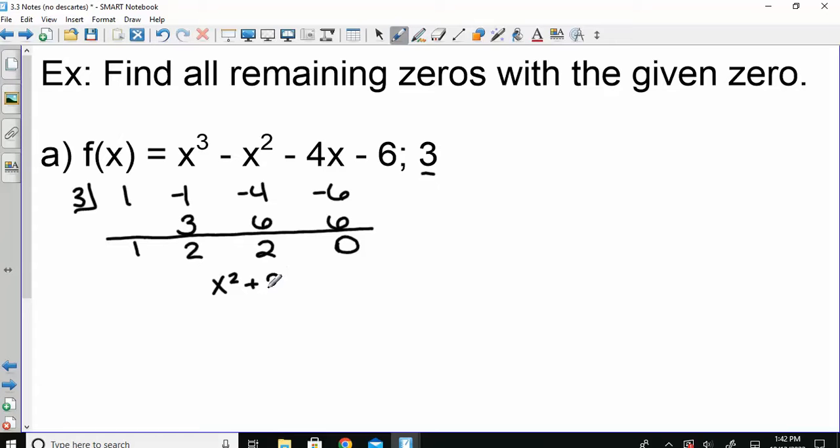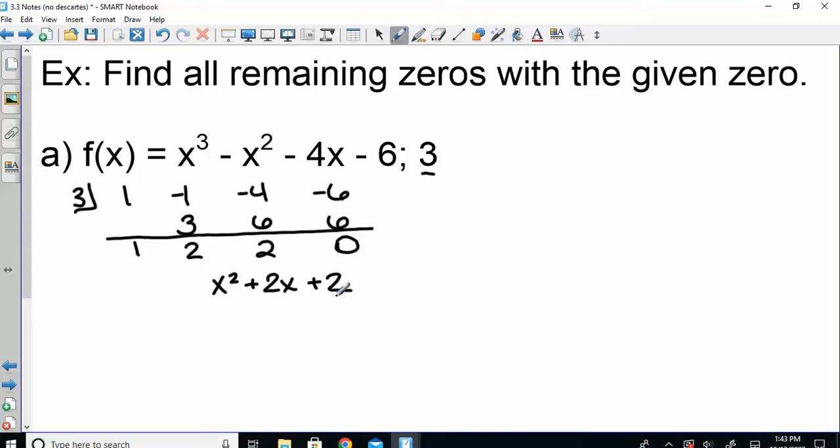So at this point, I get x squared plus 2x plus 2. What do I do now? We need to get the zeros. We need to factor it. Is there anything that multiplies to 2 and adds to 2? But we've dealt with quadratics.